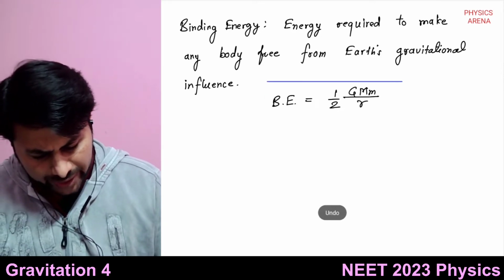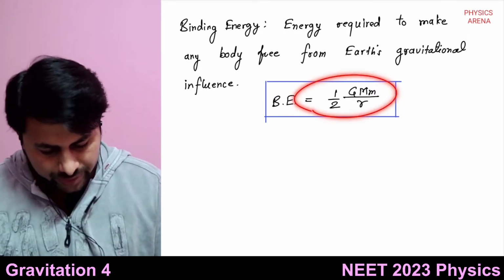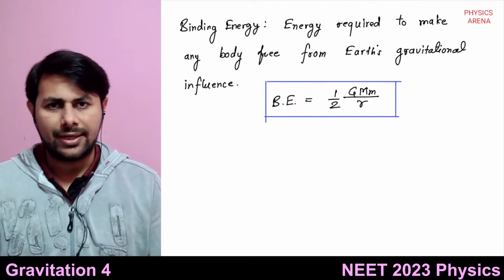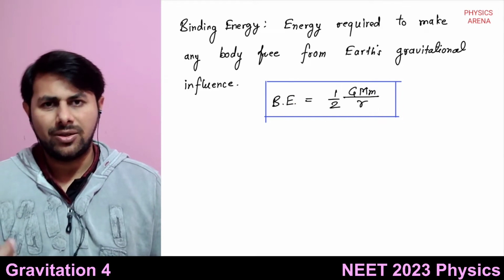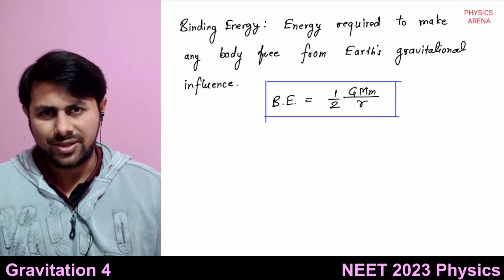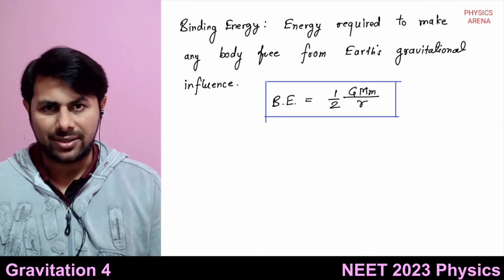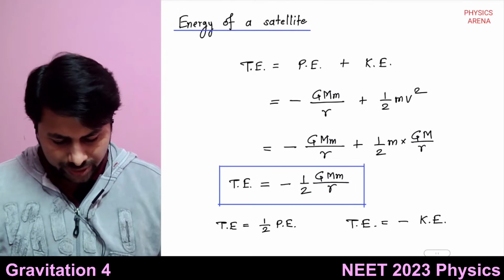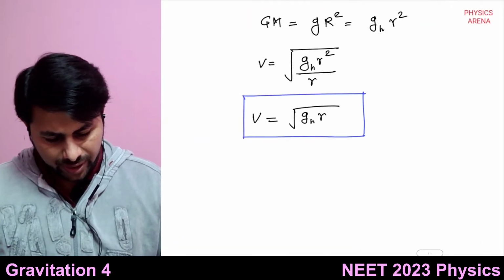And how do we give this energy? If we give this much energy, the satellite will become free. We give it in the form of kinetic energy, right? We provide some speed to the satellite. It has already got some speed. How much?